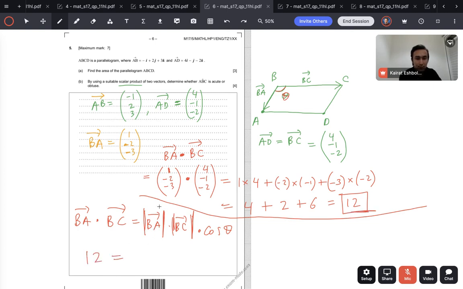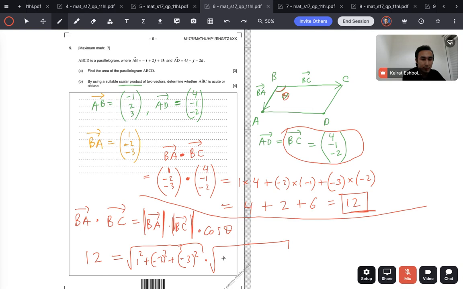But what's the magnitude of BA? It's quite easy to find using the formula: 1 squared, plus -2 squared, plus -3 squared, all under a root, and times the magnitude of BC. BC is here.